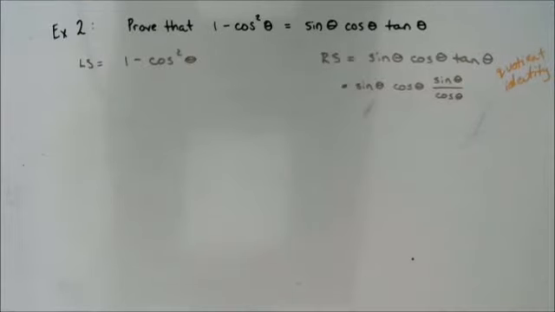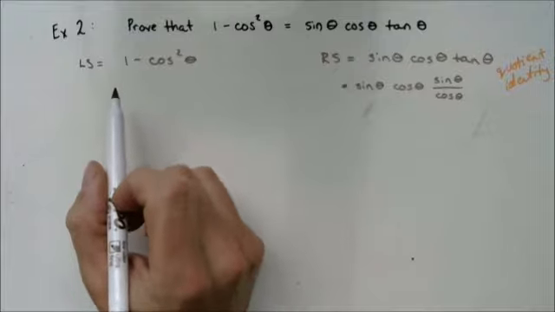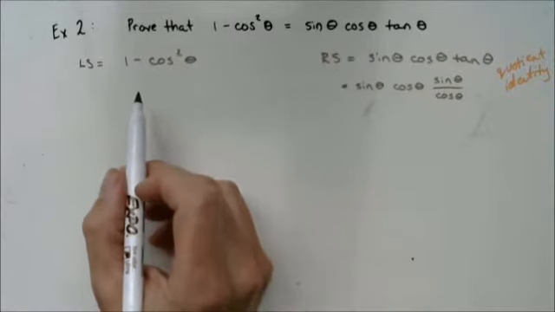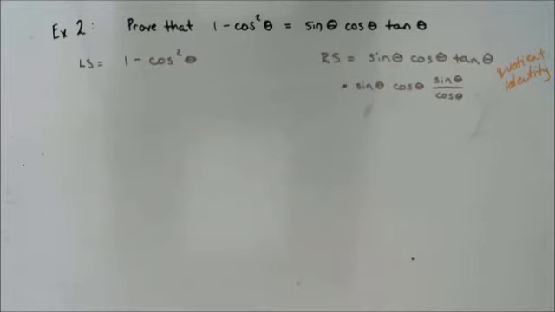cosine. Okay? Now over here on the left side, I see something else that's helpful to me, but you might not make this connection immediately. This really is just another application of the Pythagorean identity.